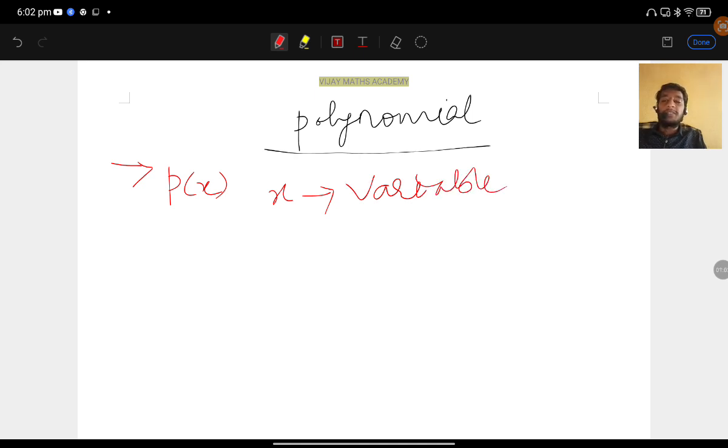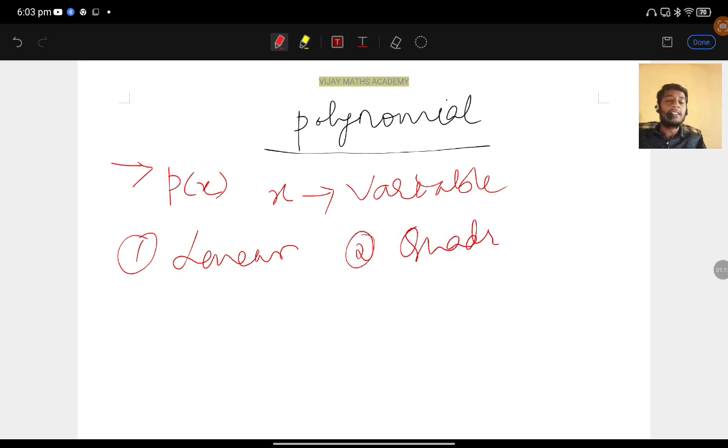So what are the types we discussed in the last class? First one will be the linear, second one will be the quadratic, third one will be the cubic.